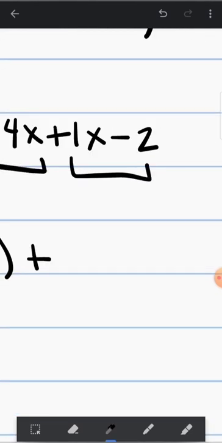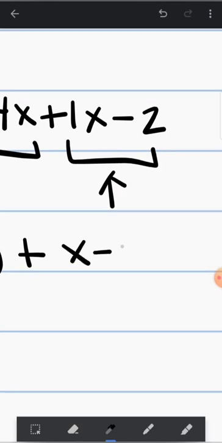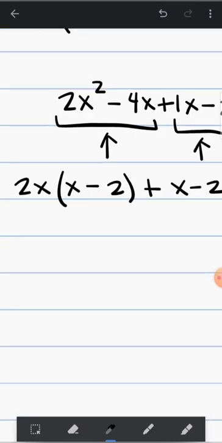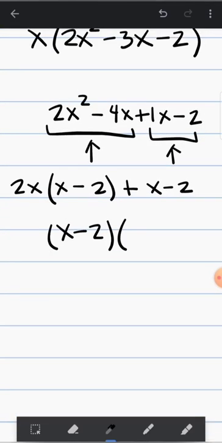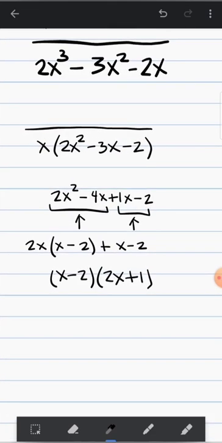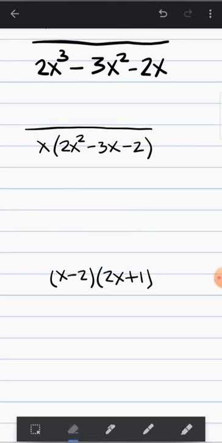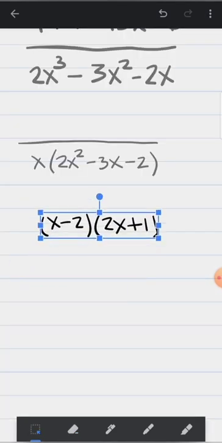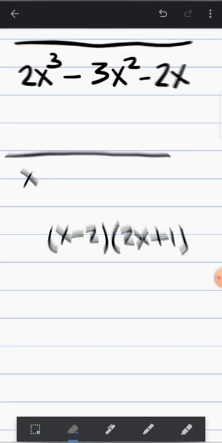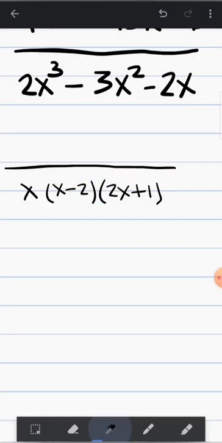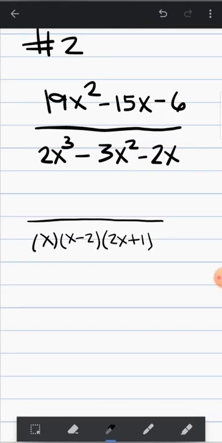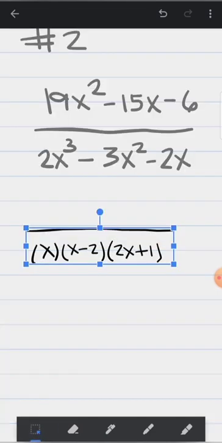Then plus this group, which has no common, so just write it down as x minus 2. If we pull out x minus 2, we get x minus 2 times 2x plus 1. So the factors of the denominator are x, x minus 2, and 2x plus 1.